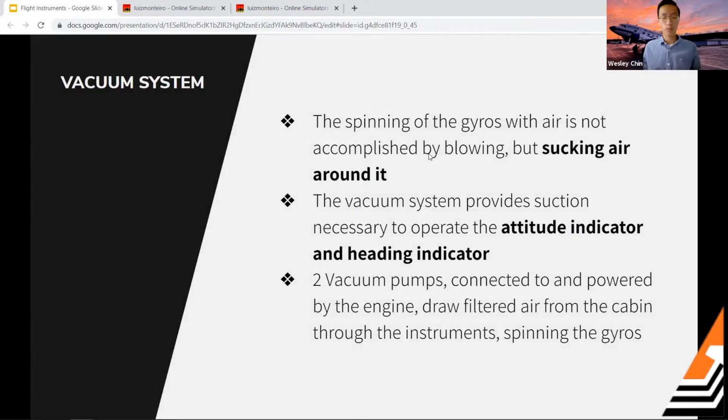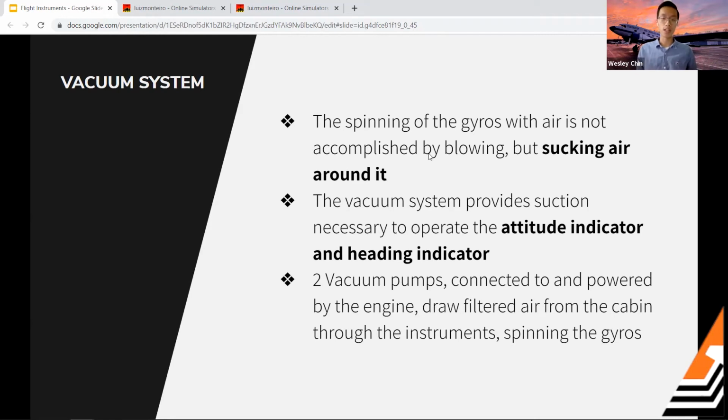Something really important to understand here: the spinning of the gyros with air is not accomplished by blowing air. We're not blowing air through it, we're actually sucking air around it. So the vacuum system is providing the suction that's necessary to operate those two instruments. You can find more detail about the vacuum system in your POH, section 7.